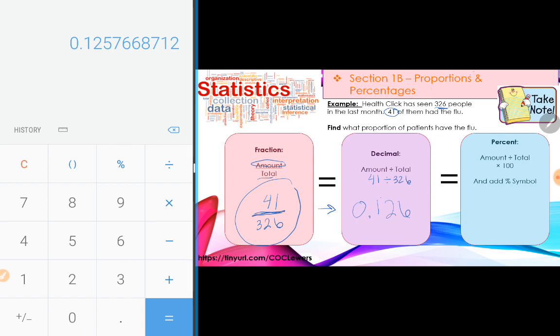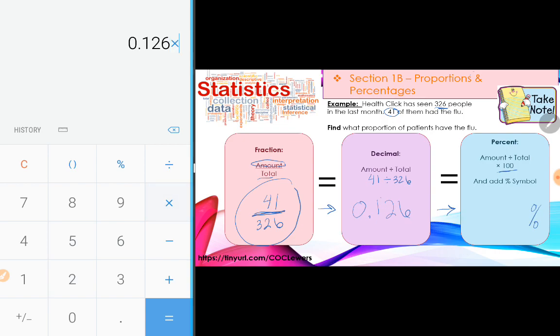And then the final possible way to express the proportion is as a percent. Again, is this equivalent to the decimal? Same number, but we're going to do it with a percent sign. So if we want to use that percent sign, that means we have to take that decimal amount and multiply it by 100. So I rounded my decimal, so I'm going to stick with that, and I'm going to enter in what we rounded here.